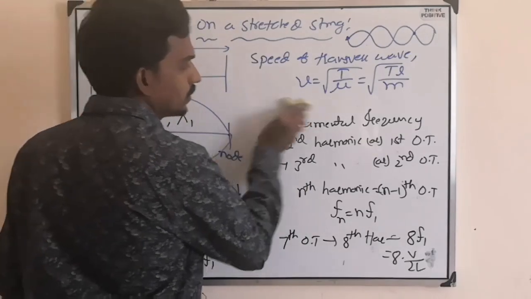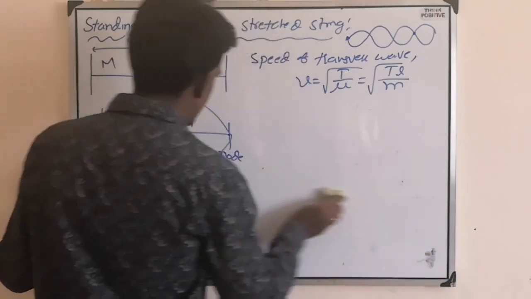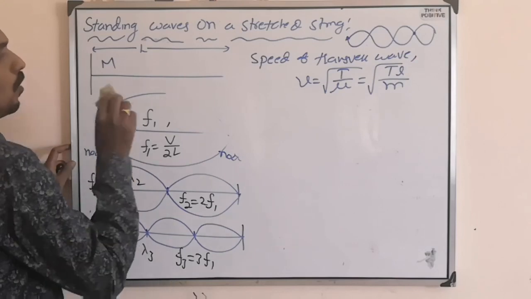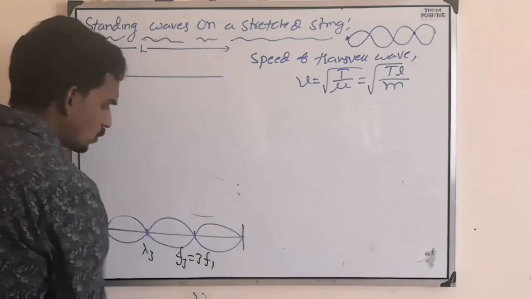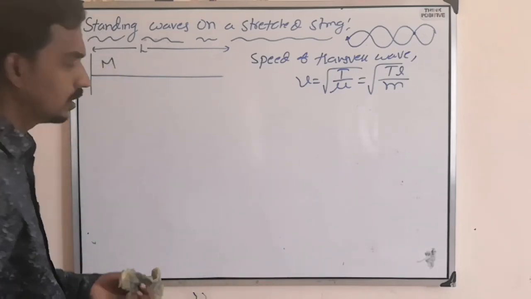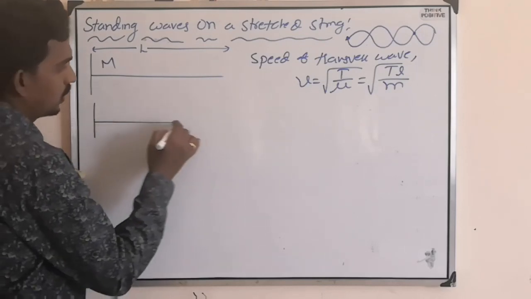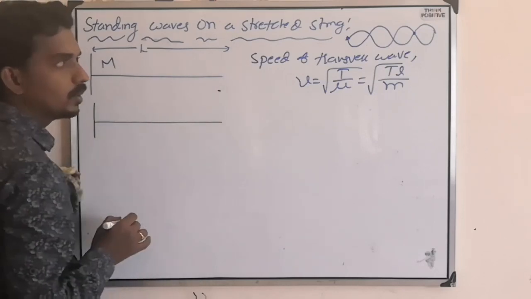Now the question comes: what if one end is open? Now the second case is one end open. What will you do? See, one end open means always an antinode.